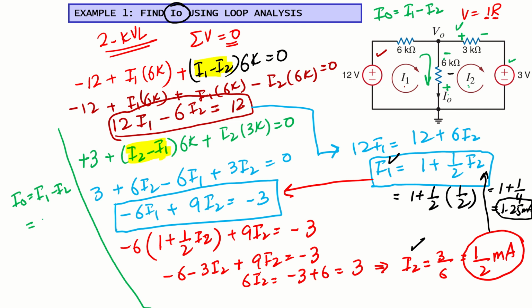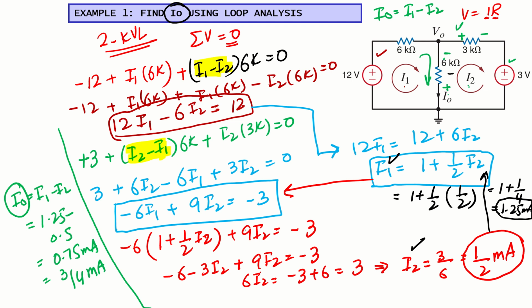So value of I1 is 1.25 and the value of I2 is 0.5. Okay, so 1.25 minus 0.5, that comes out to be 0.75 milliampere. Okay, or 3 over 4 milliampere.